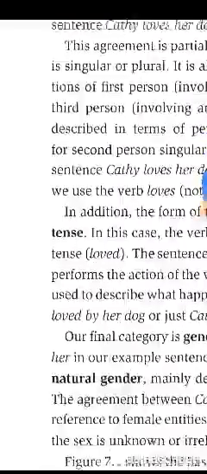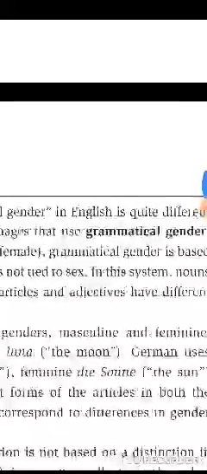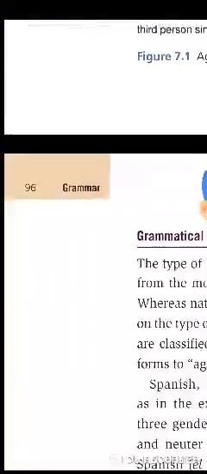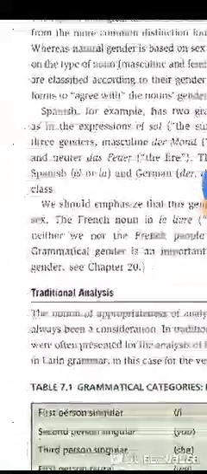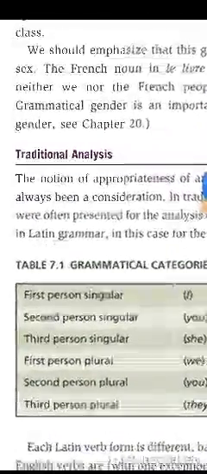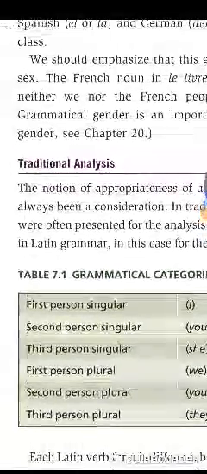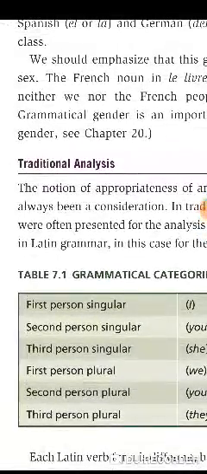Now let us sum everything up here on page 96, I suppose. Yes. The grammatical and traditional analysis says something like this for the verbs. First person singular, second person singular, third person singular, first person plural, second person plural, and third person plural.